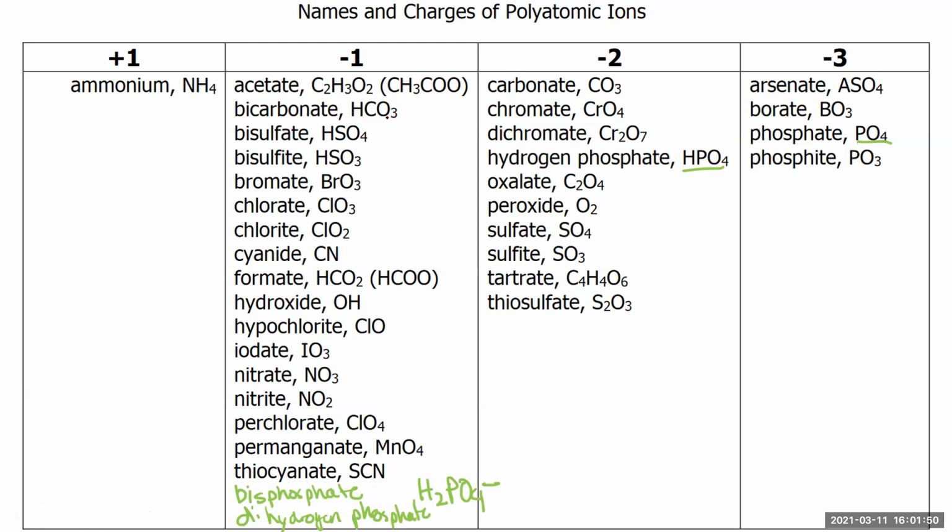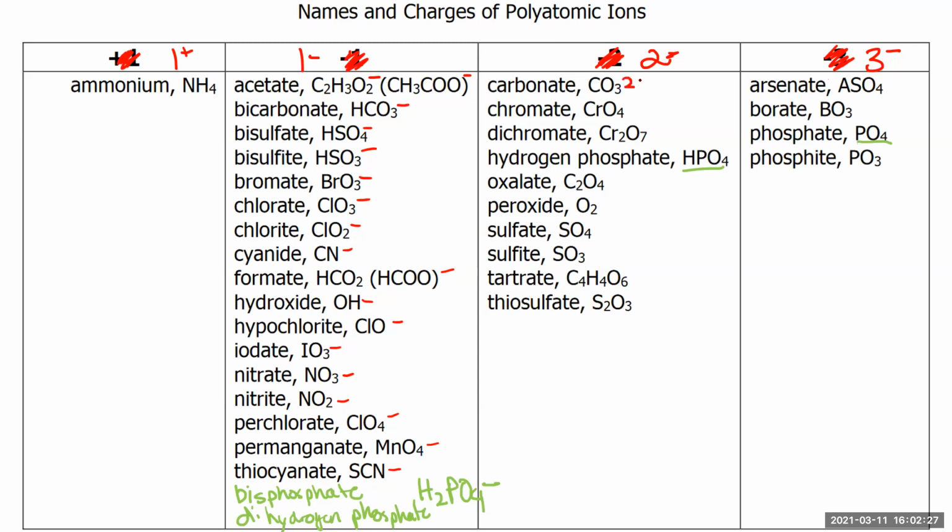In fact, just to make this a little bit more straightforward, I'm going to put the appropriate charge on all of these. You can see here, these are all 1 minus charge. And since the 1 would be redundant, we simply put a single negative sign as a superscript to indicate that negative charge. You can see all the families we talked about in the previous lecture, including some others. Here we've got, this should be 1 minus, this should be 1 plus, this should be 2 minus, and this should be 3 minus.